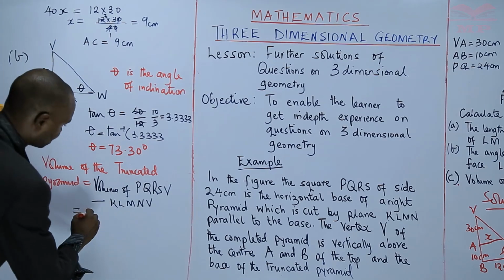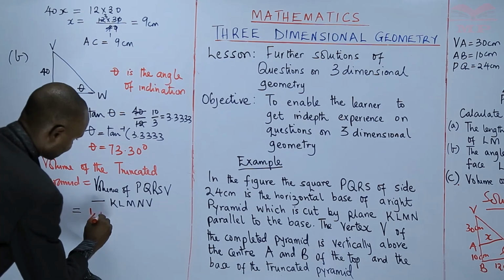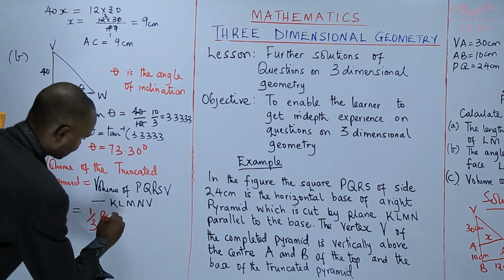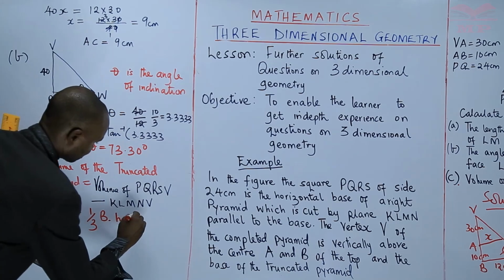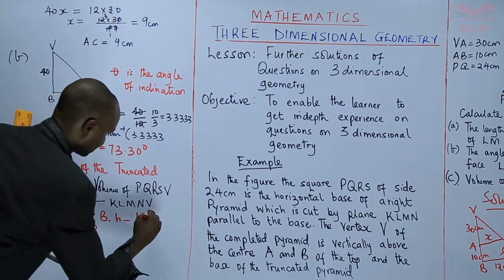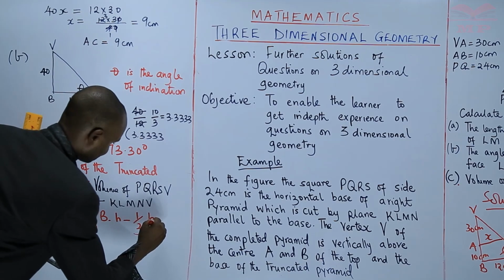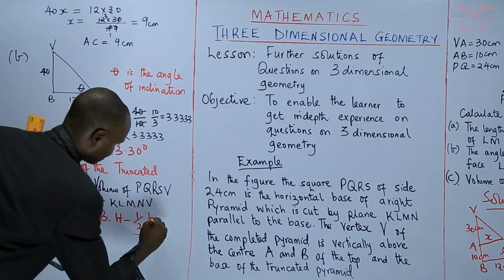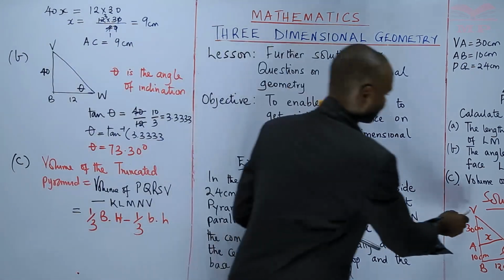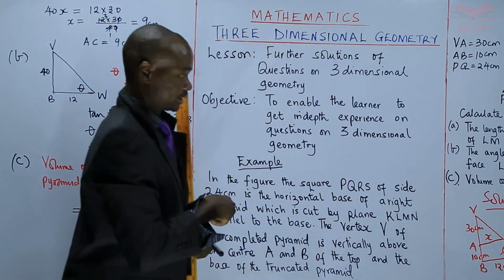Volume of a pyramid is given as a third base area times height, subtract a third. I'll take the smaller pyramid to have a small base area times its small height. Its small height is given as 30, but for the bigger one, the height is 40.